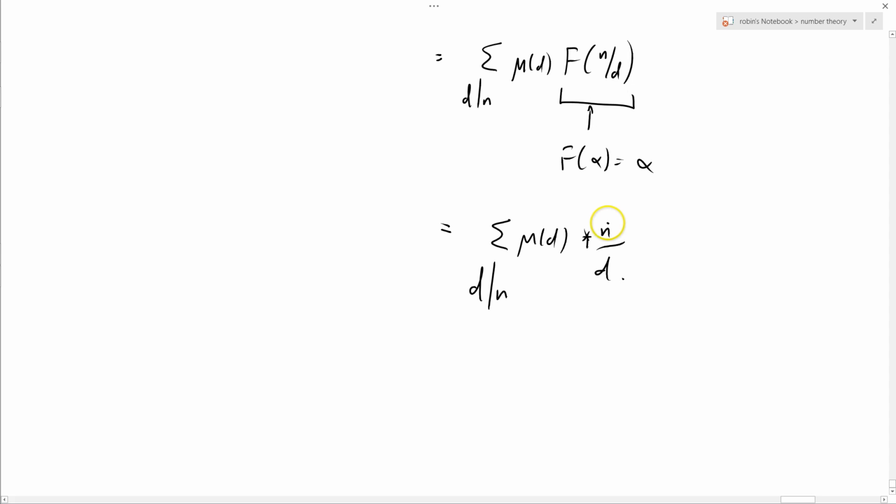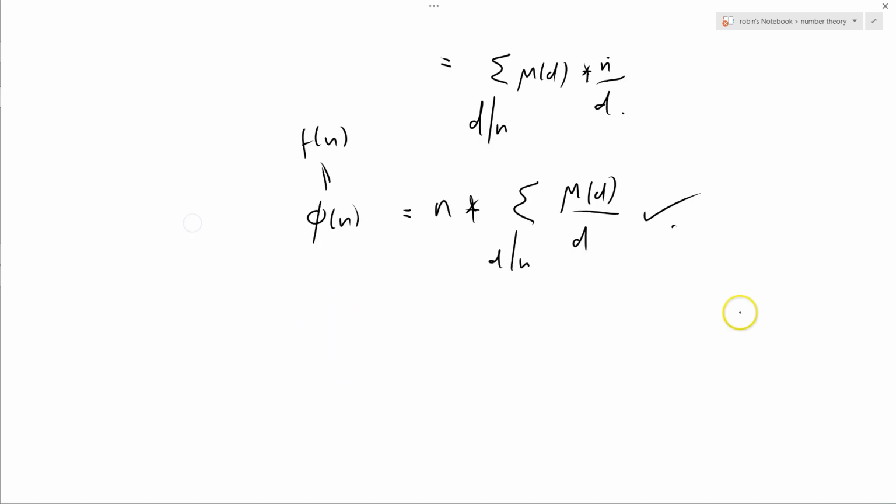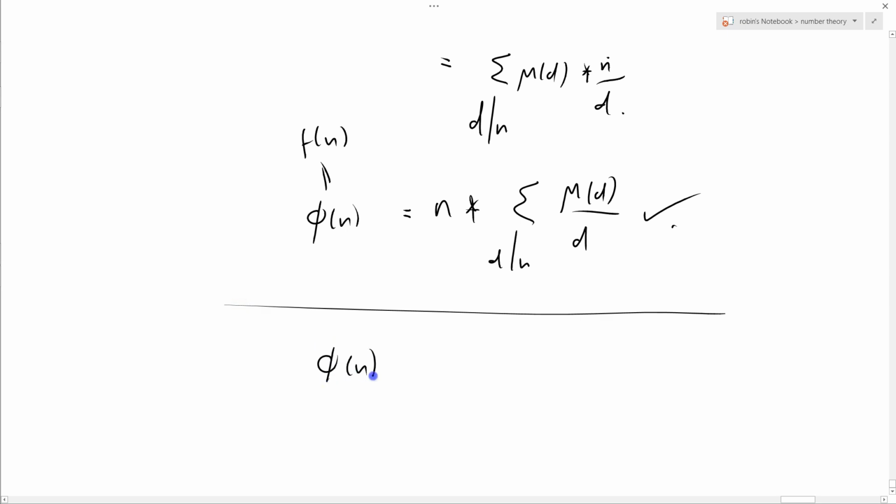And then we'll observe that n doesn't change, so it's n times the sum over d divides n of mu of d over d. Done. What was this whole thing equal to? This thing was equal to little f of n, which in this case was phi of n. So we've got this rather nice little formula here: phi of n equals n times the sum over d divides n of mu of d over d, which is quite nice.